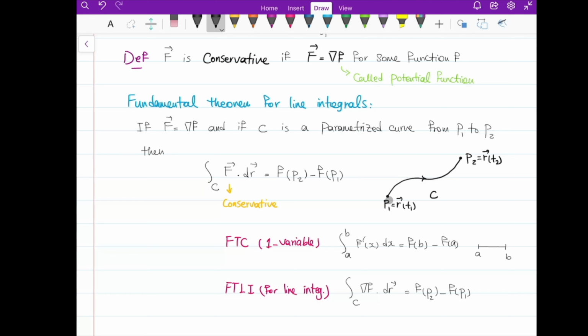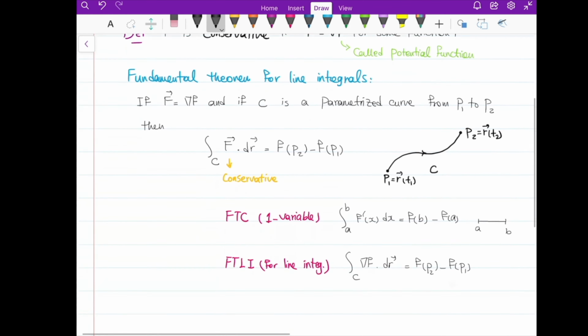If you compare the two, you see that we have the derivative of the function in one, the gradient of a function in the other, and then the function at the end point minus the function at the beginning point. The same is here.